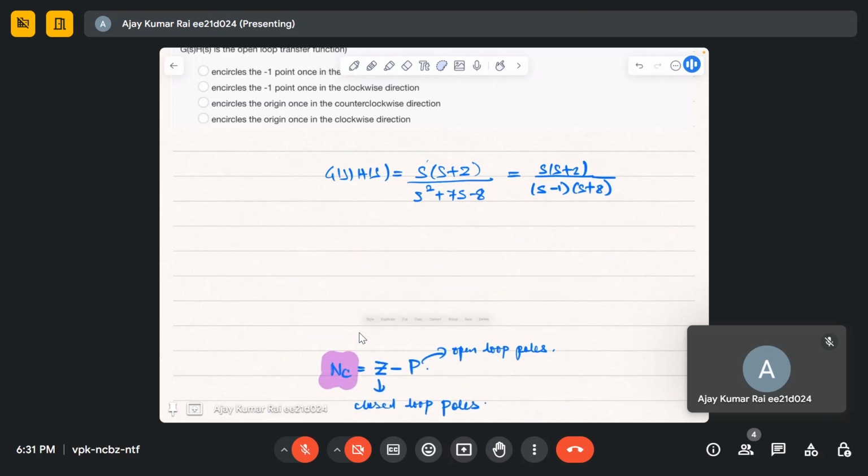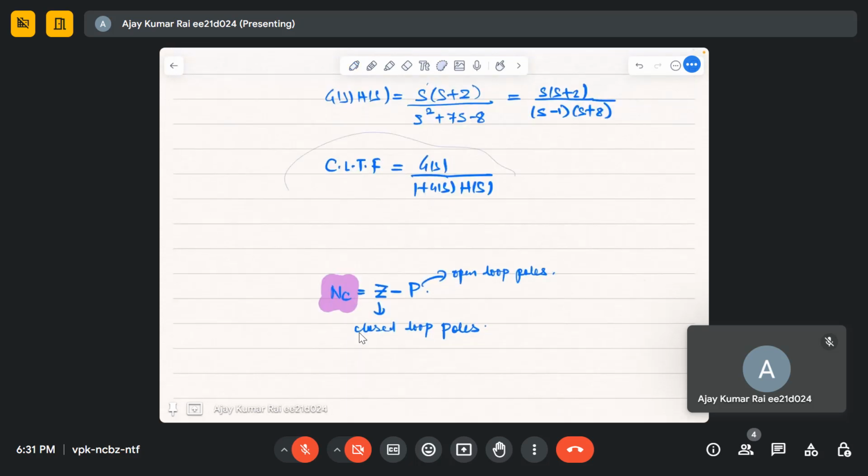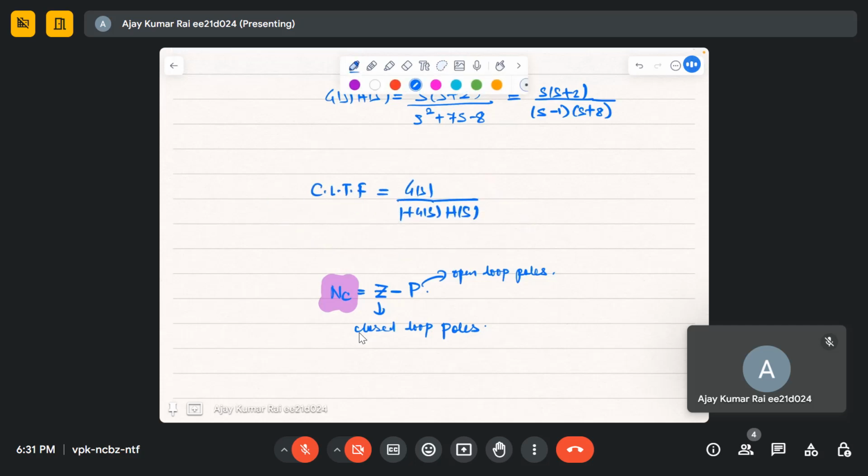Okay, let me also write the roots. So this we want to find out, and for the closed loop transfer function, it was G(s). This is the transfer function. So what important thing is, from the open loop transfer function, what is the value of P?